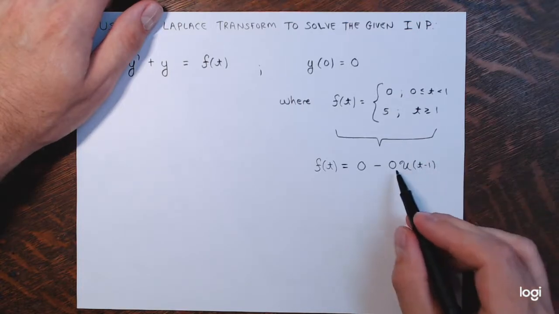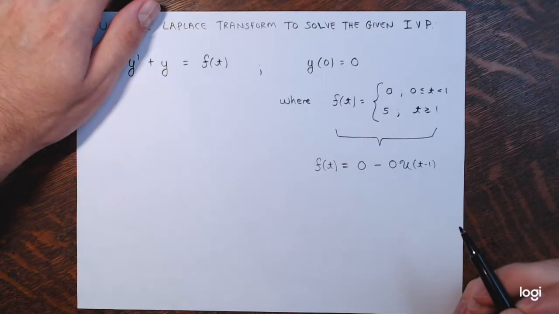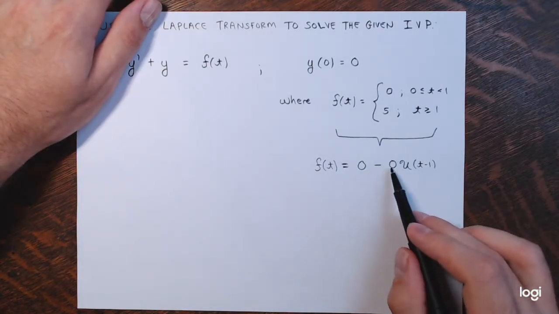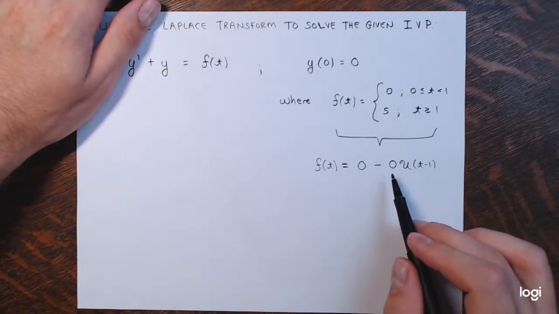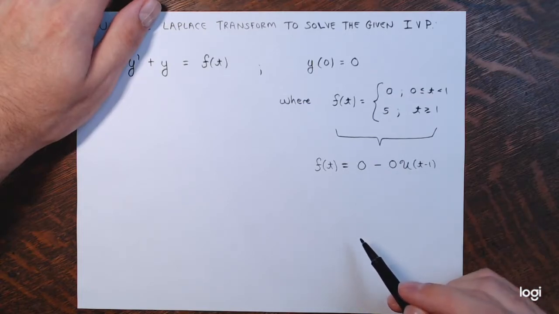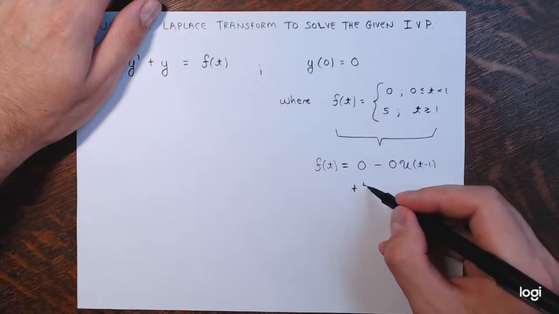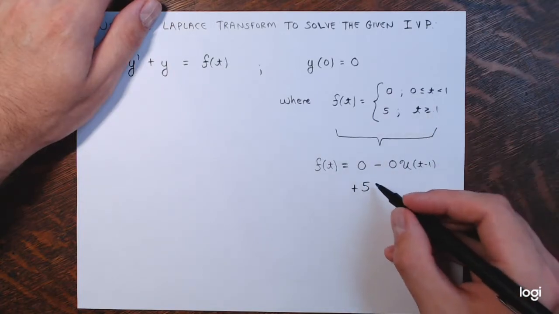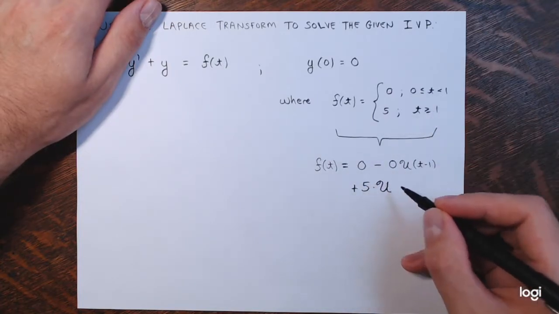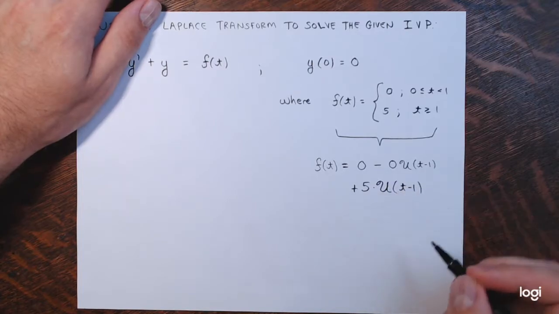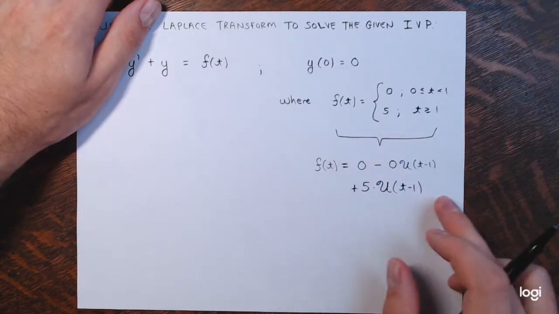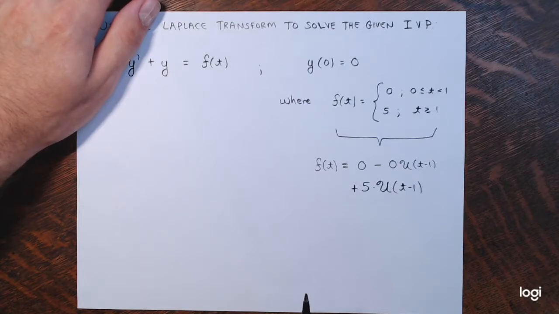That gets rid of the first piece after t equals 1. Not really necessary because the function's 0 there, but I'm just doing this for teaching purposes. Then plus the next piece, only after t equals 1, so 5 times the unit step function at t minus 1. That'll add on 5, but only for values 1 or greater.